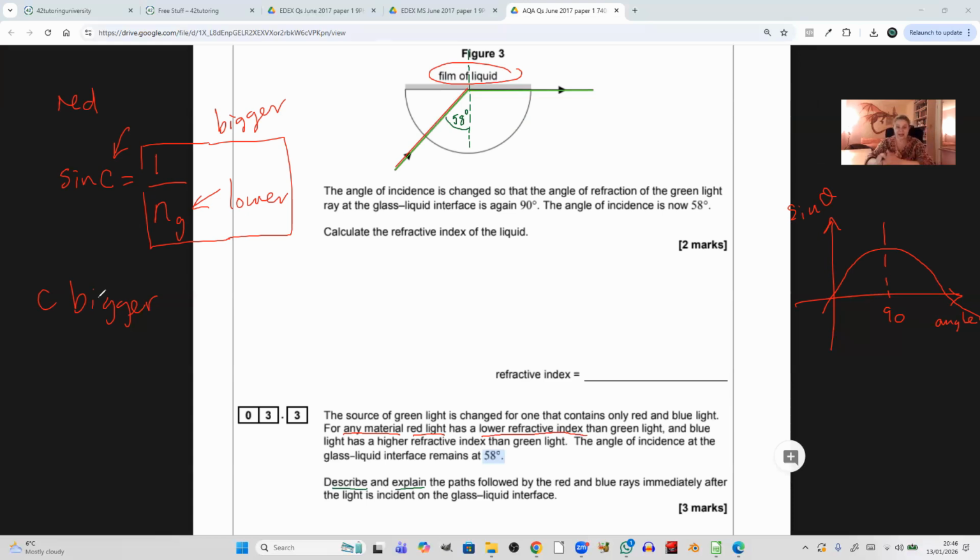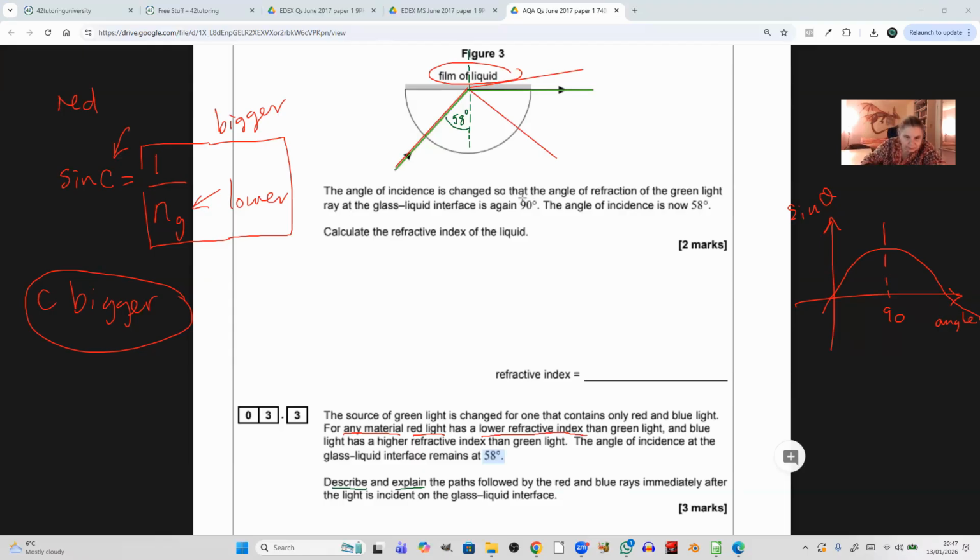Now, 58 degrees is smaller than the critical angle because the critical angle gets bigger. So is this going to totally internally reflect or not? You are not going to get total internal reflection. In fact, what you're going to get is refraction and a partial reflection. That's what will happen for the red ray.